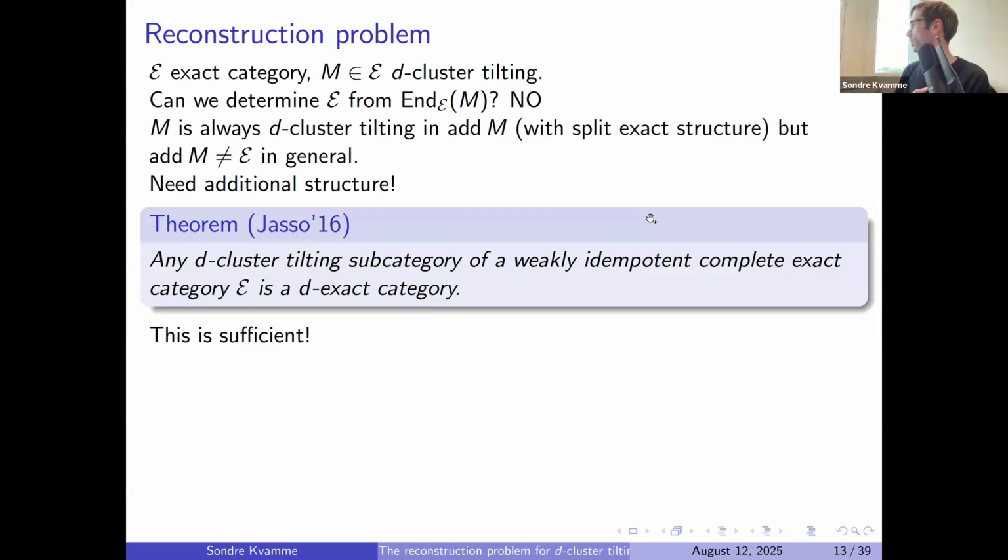So what I'm saying by Frobenius exact enhancement of the cluster category is just you have some Frobenius exact category whose stable category is equivalent to the cluster category as a triangulated category. And then since the cluster category has a 2-cluster tilting object, in the stable setting, you can actually lift it to a 2-cluster tilting object in a non-stable setting, in the Frobenius exact category itself. So that's what I mean.